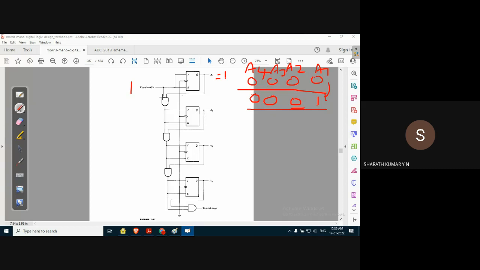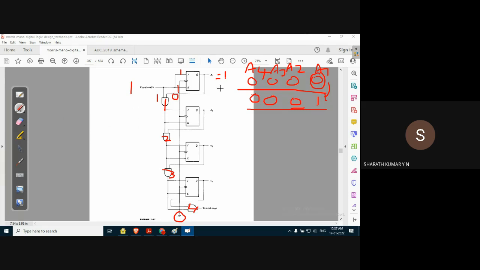Observe the first AND gate: both inputs are 1 and 1. Initially, because we are applying the clock pulse to the first stage, A1 will change state from 0 to 1. The initial state was 0. Because of this, the input for the first AND gate is 1 and 0 before 1 is applied.